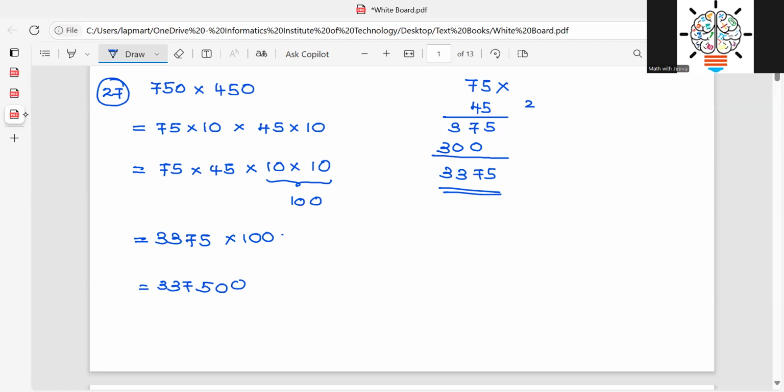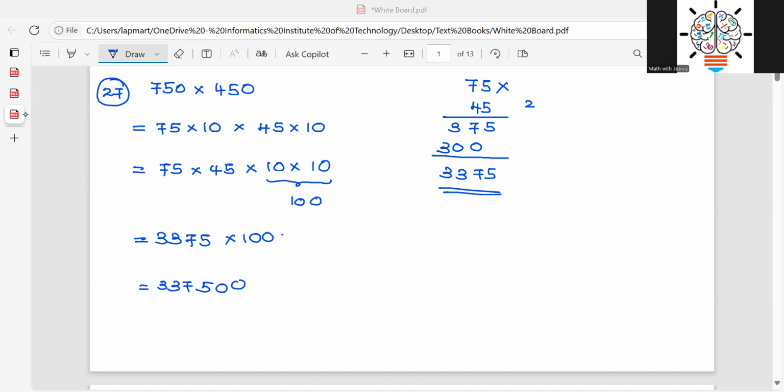If you want to double check whether you did it correctly, you can redo it in the working column and see that when you multiply 750 by 450, you get the same answer, 337,500. I gave you this with a purpose, to show you that we can do something like this, right?